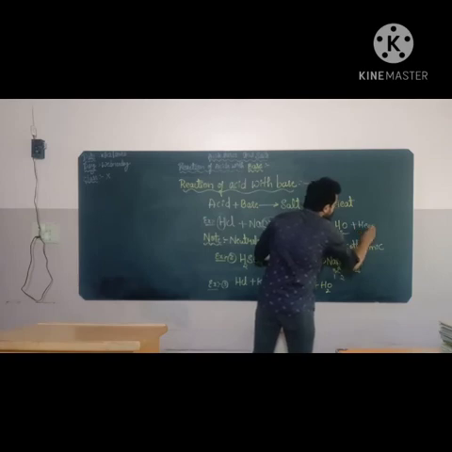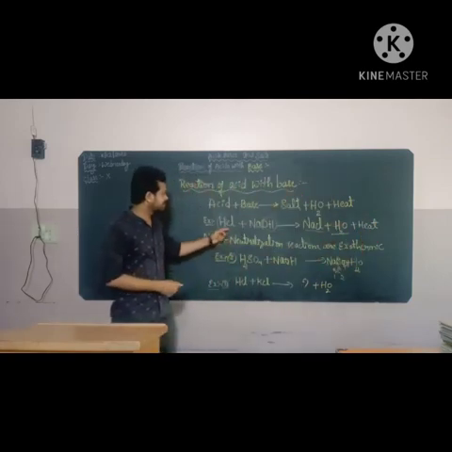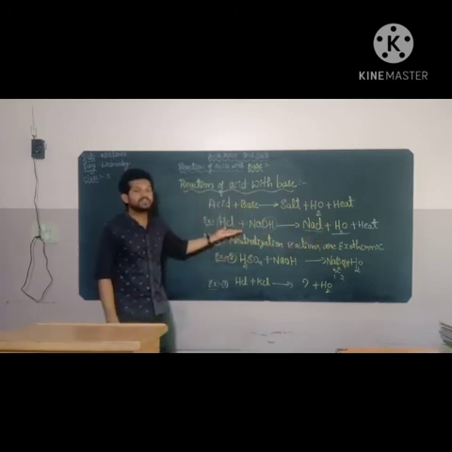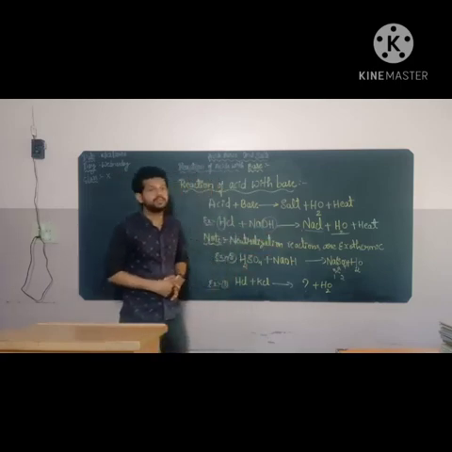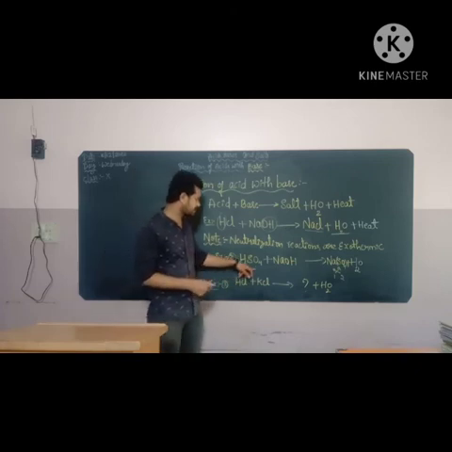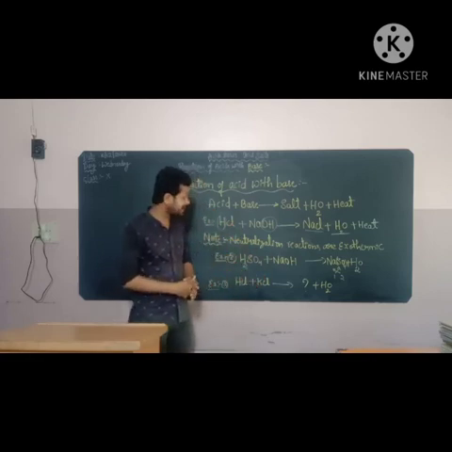In this reaction, excess of heat is going to be liberated. So that's why this is the example for a neutralization reaction, and also it is an exothermic reaction. Clear, children?